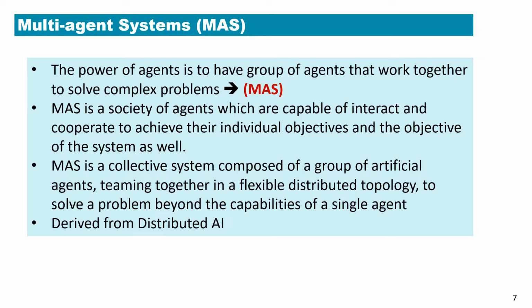Thus, the idea of MAS or multi-agent systems has been born to tackle such a problem. So, basically, a multi-agent system is a framework to organize and manage a group of agents or society of agents. And the multi-agent system approach or field is derived from distributed artificial intelligence.